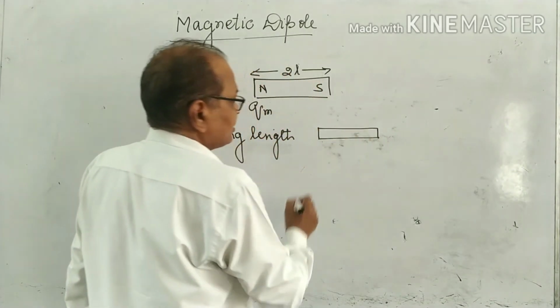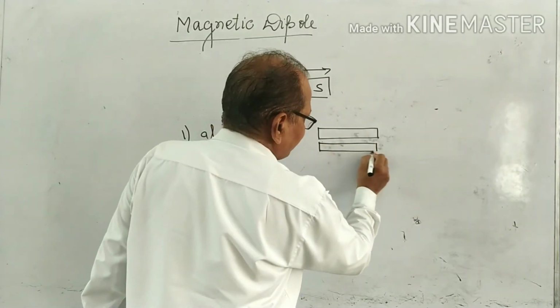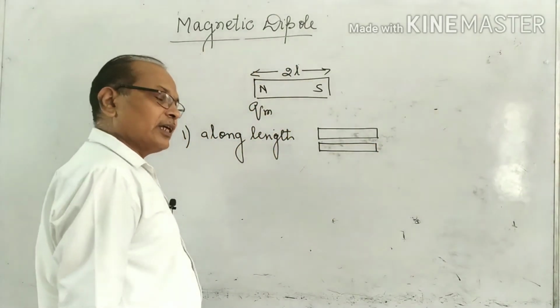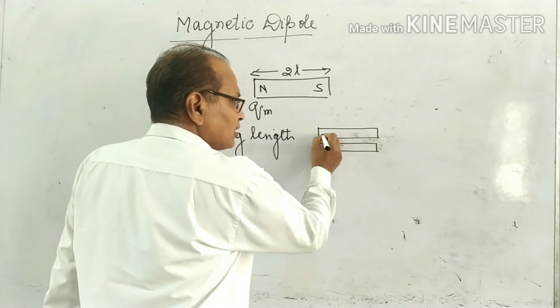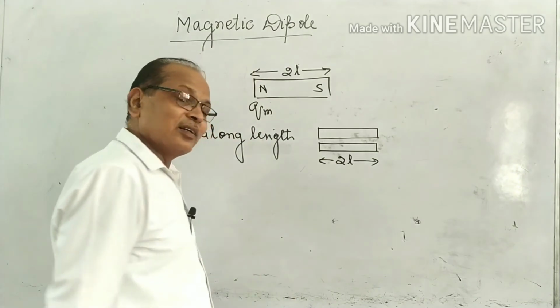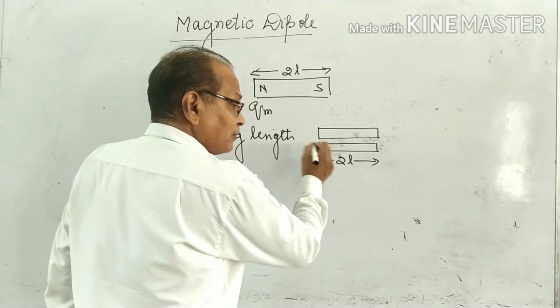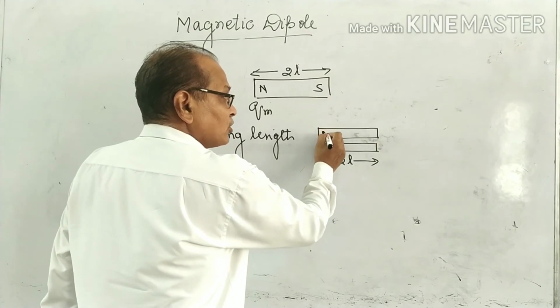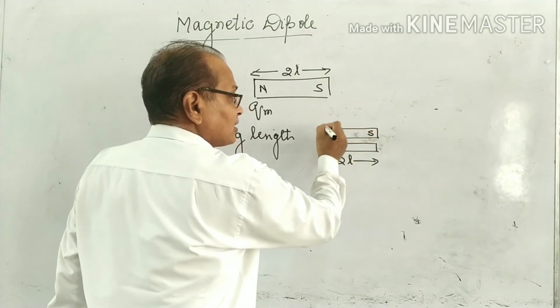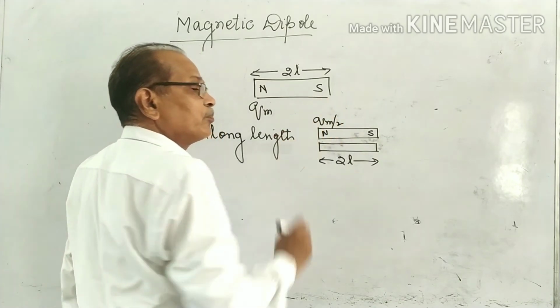This is one piece and this will be another piece. The length 2L will remain the same, but the pole strength of this N and S will be Qm upon 2.